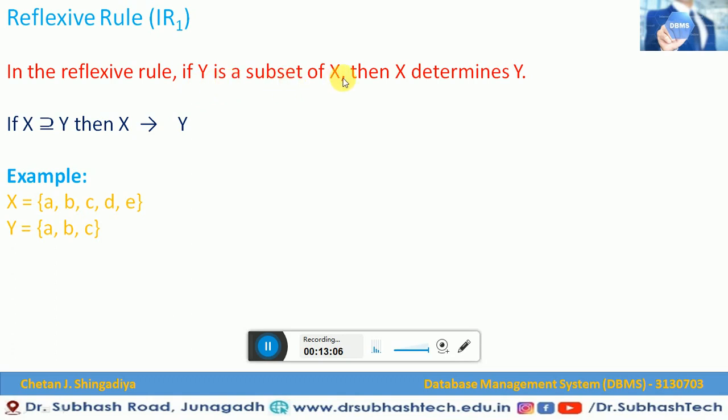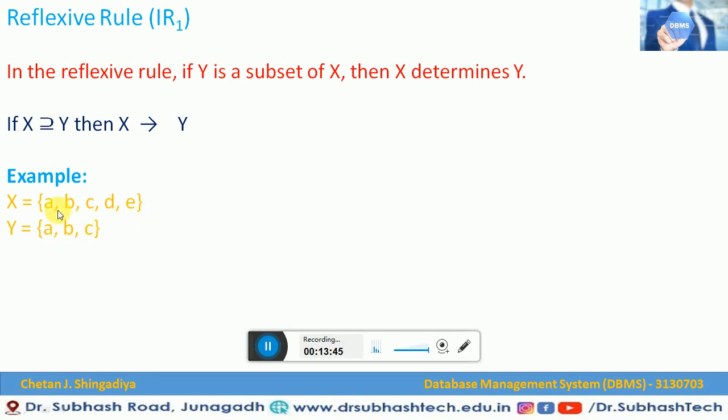Let us understand trivial functional dependency first. A determines B is a trivial functional dependency, or we can say B is functionally dependent on A, if B is a subset of A. That means whatever elements B has, those elements should be available in A. So we can say B is a subset of A. If B is a subset of A, then we can say that particular dependency is a trivial functional dependency.